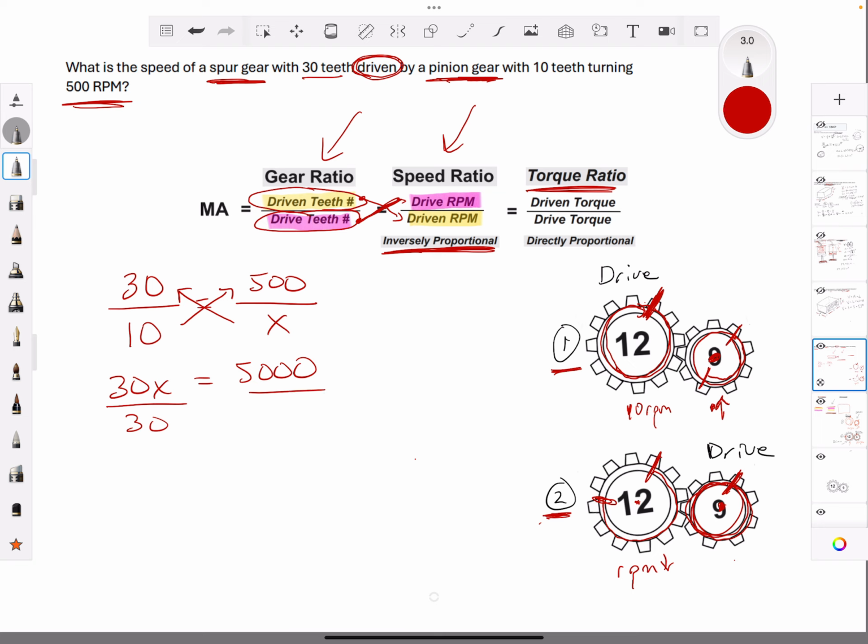Finally, divide by 30, divide by 30. We're going to have X, which is the RPM, comes out to 166.6 repeating. So for convenience sake, say 167 RPM. All right.